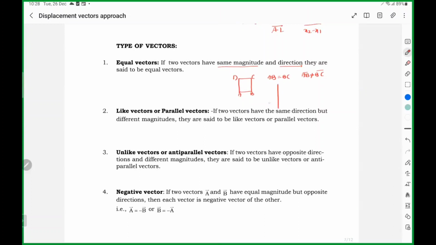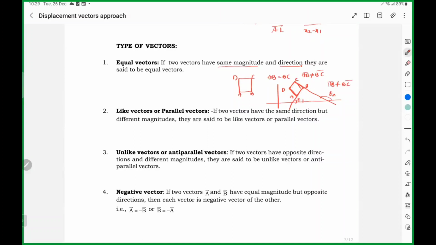To be more clear, I will take a square like this. If I denote the vertices with letters A, B, C, D, the square means all sides are the same, but the angle made by AB and the angle made by BC are different. Since their directions are different, AB and BC are not equal.